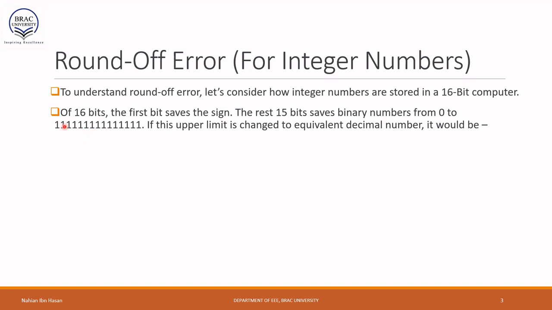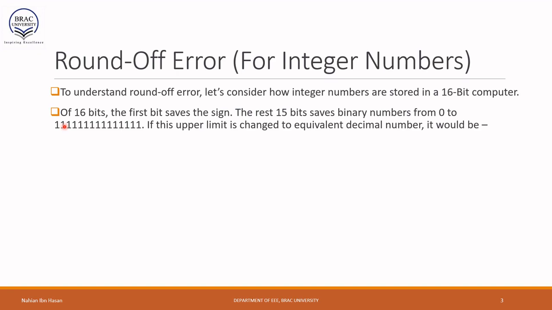If you have 15 digits, what is the maximum number that you can store using these 15 bits? In the binary system, all of these 15 bits should be 1, and that's the highest number that you can store using 15 bits.